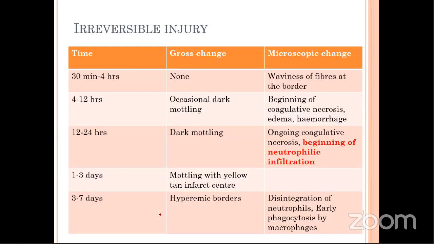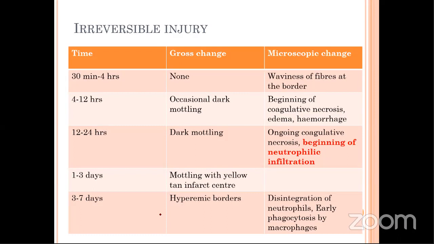Whereas after 30 minutes, what are the changes that we observe? And these changes are basically irreversible. So 30 minutes to 4 hours, there is usually no gross change. However, in microscopy, you see waviness of fibers at the border.